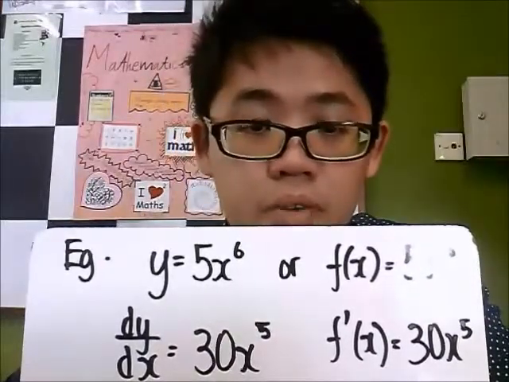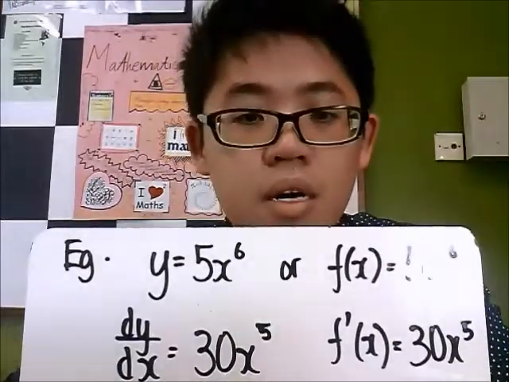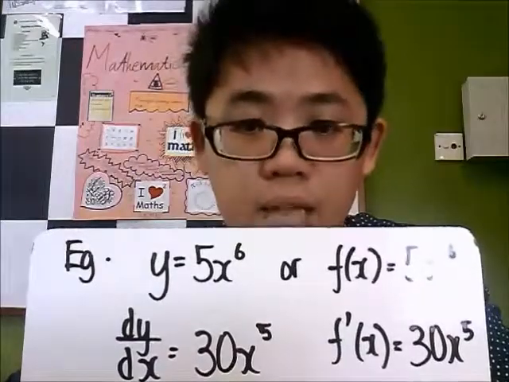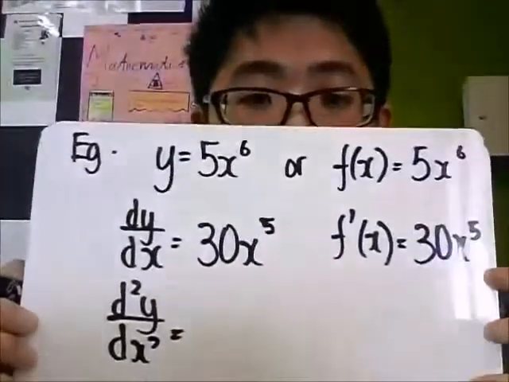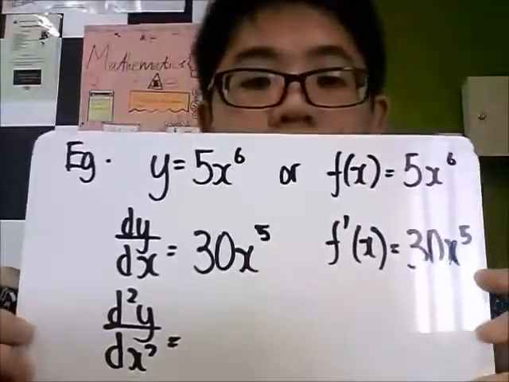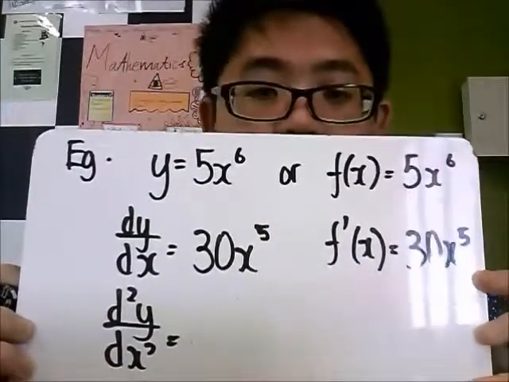Now we are coming very close to what higher derivatives are, and if you are smart enough, you can give me a very good guess. Higher derivative means we differentiate dy/dx another time. If we differentiate dy/dx another time, it will be denoted by d2y/dx squared.